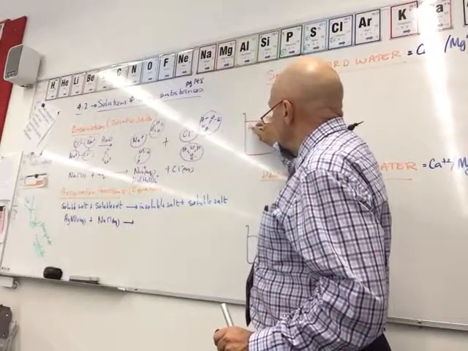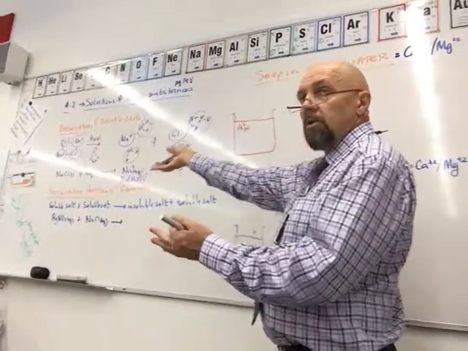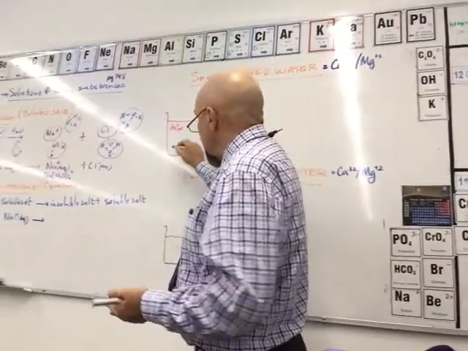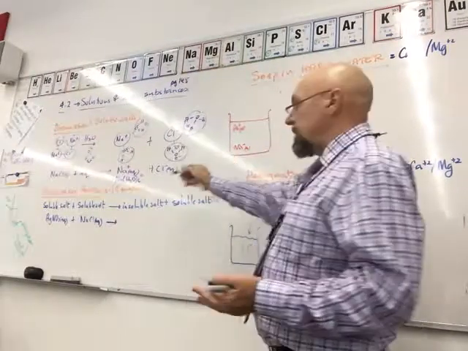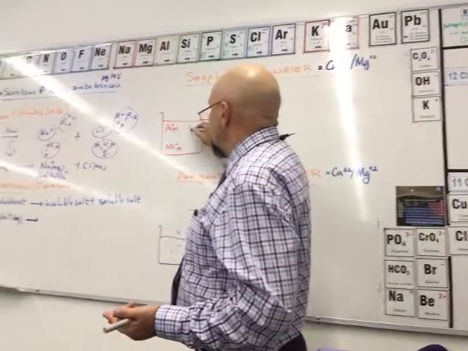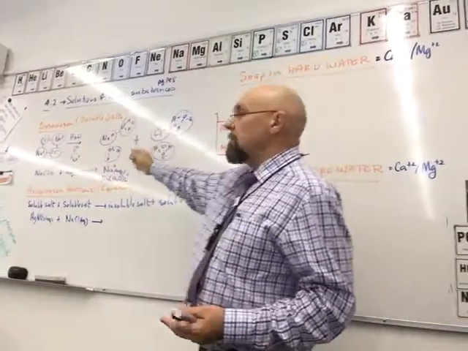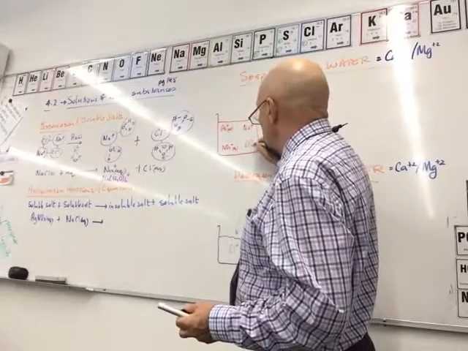It's telling me that I've got Ag plus here, aqueous. That's free in solution, yeah? I'm also going to have nitrate ions, NO3 minus, aqueous. They're going to be in solution because it's soluble. I'm going to have sodium ions because I already know that sodium chloride's soluble. And I'm going to get chloride ions as well. All these will be aqueous.